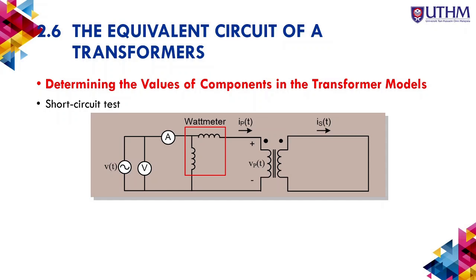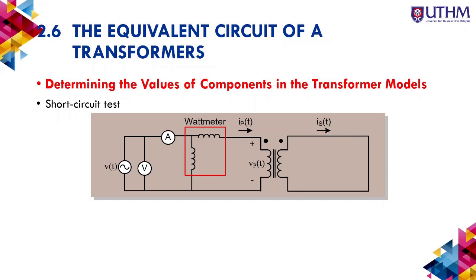Okay, why we need to measure everything in the primary winding? Why not in the secondary? Siapa boleh jawab? Siapa boleh jawab? Kenapa kita perlu measure everything lah? Voltage, ampere, wattmeter, watt, semua dekat primary side.